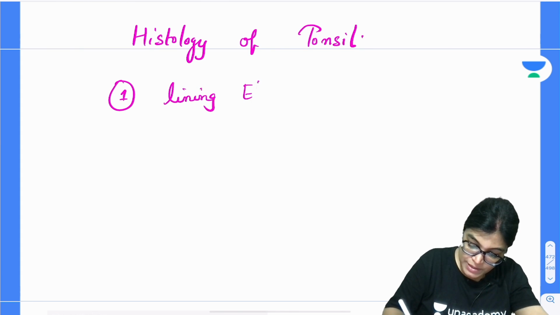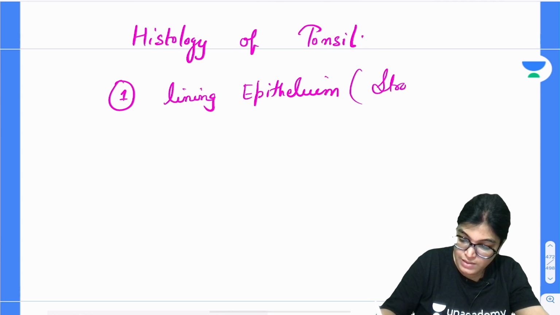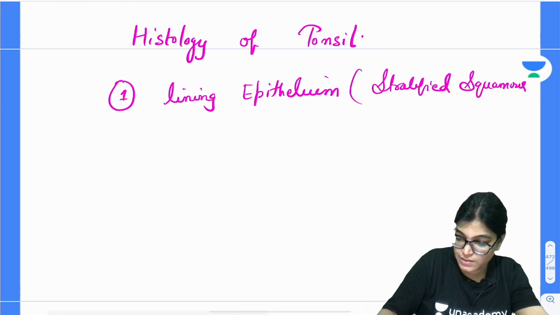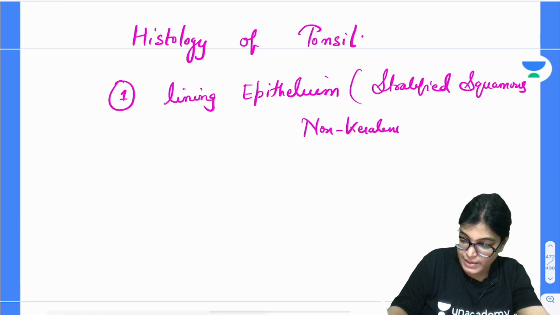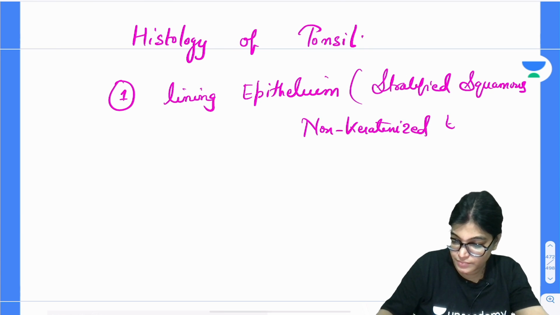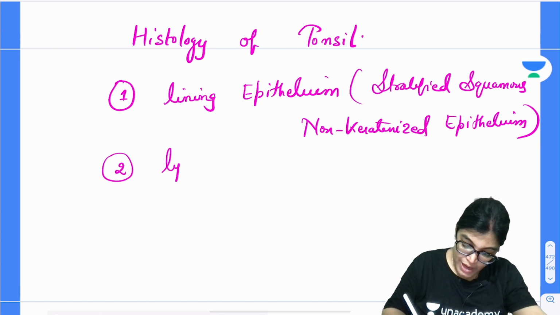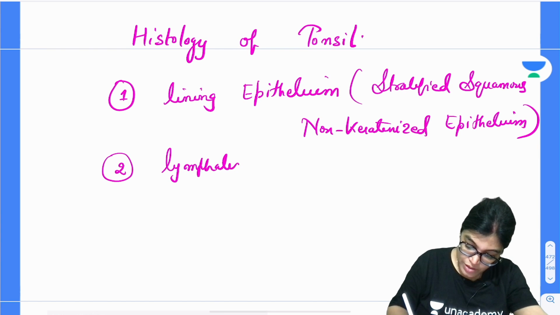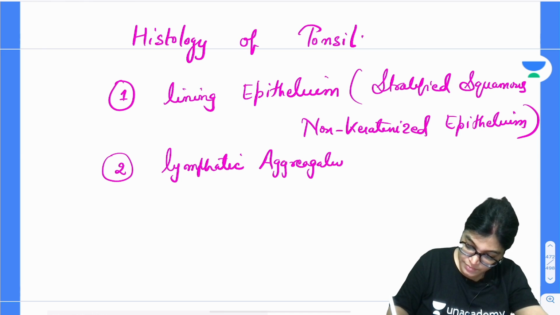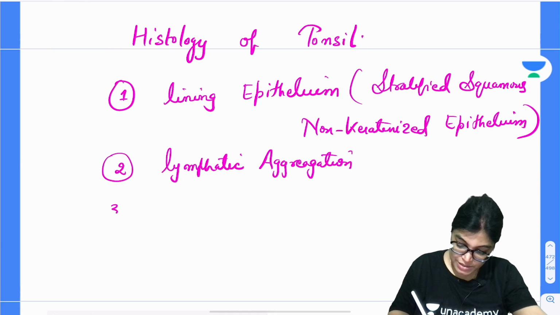The lining epithelium in tonsil is stratified squamous non-keratinized epithelium. It also has lymphatic aggregation, many smaller lymphatic aggregations.